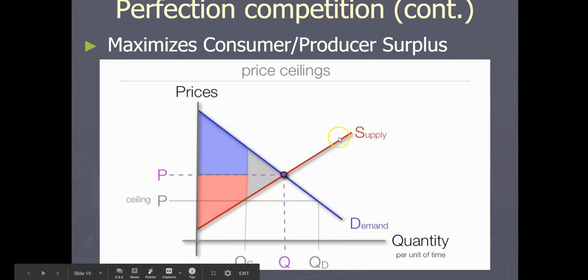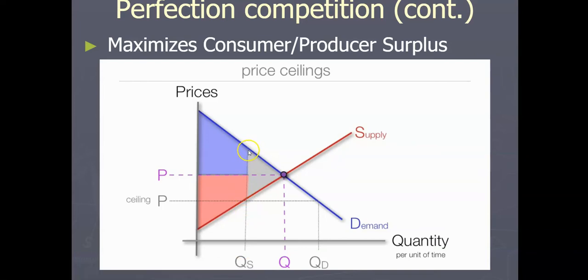When there is a price floor, there's going to be a surplus. But regardless, when the government steps in to set prices either below or above equilibrium, it shifts the quantity consumed or produced to less than the original market quantity.